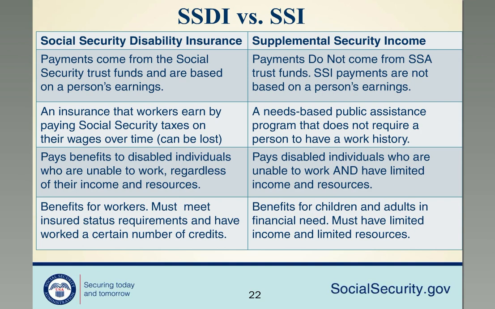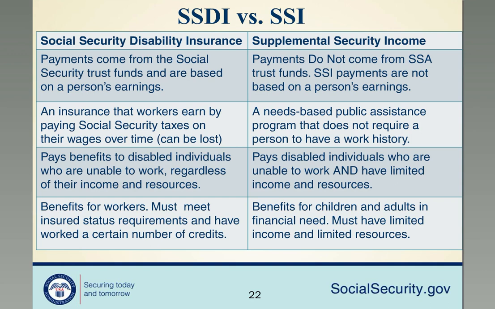The SSI program, on the other hand, pays disabled individuals who are unable to work and have limited income and resources. So the key with this program is you need to be disabled and you have to have limited income and resources. For the regular Social Security disability benefits, workers must meet insured status requirements.